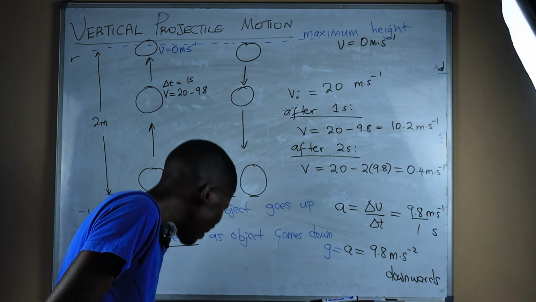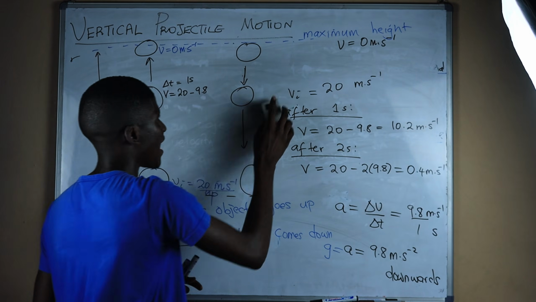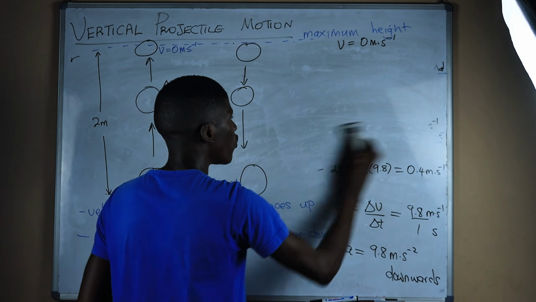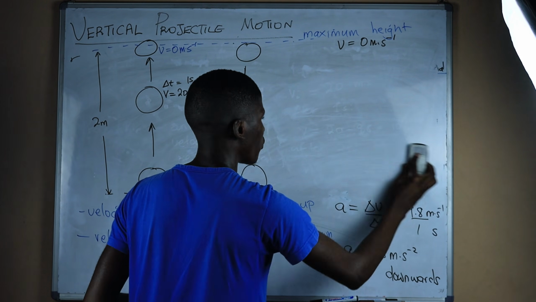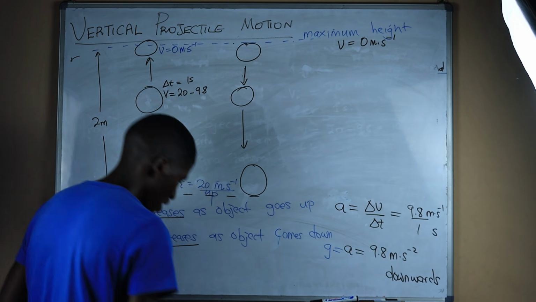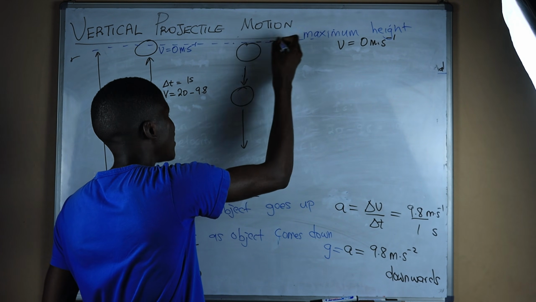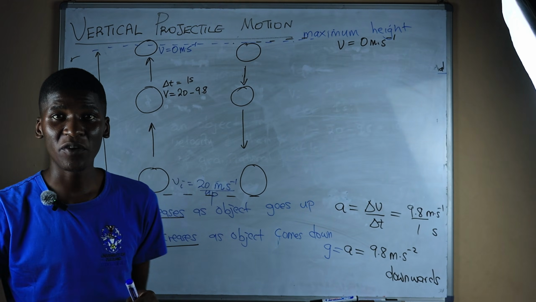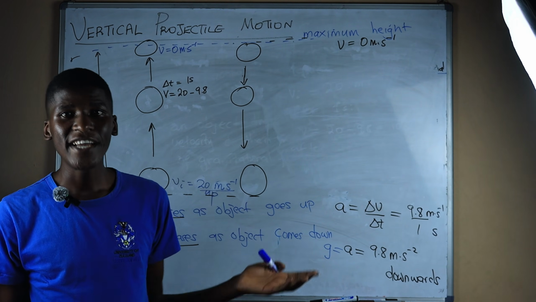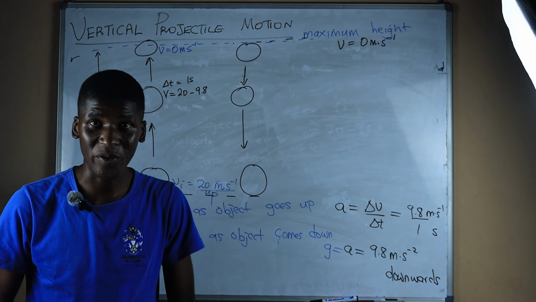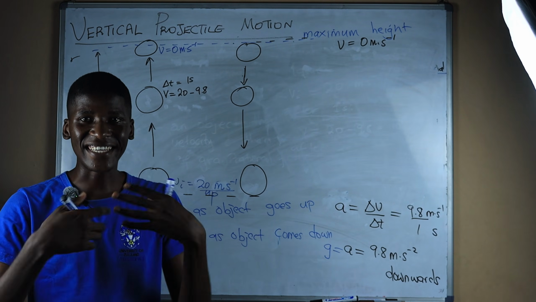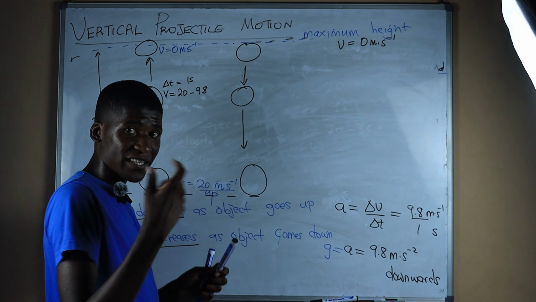So basically, what does this imply? It simply implies that when the object is now coming back down, let's say that at the maximum height it has a velocity of 0 meters per second. When the object is coming back down to your hand, it gains 9.8 every second.